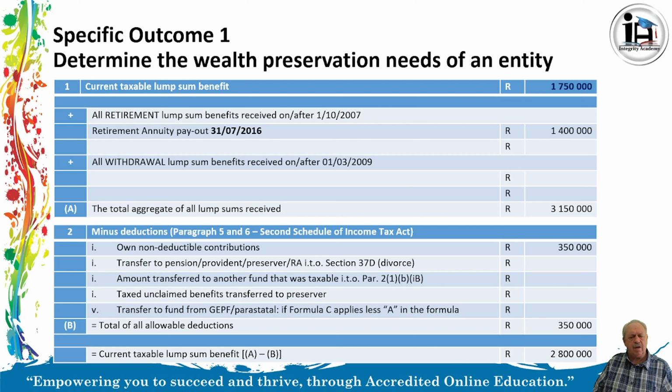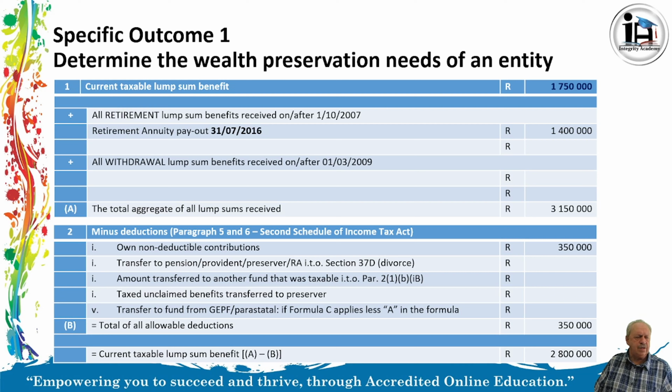Right, so this calculation sheet consists of various blocks, block 1, block 2, block 3, block 4. I think there's a total of 6 blocks. In block 1, we fill in all your current tax lump sum benefits. Current is the money that he received now, which is the 1.750 million in that first line. And then we add all benefits that he received on or after 2007 and withdrawal benefits on or after 2009.